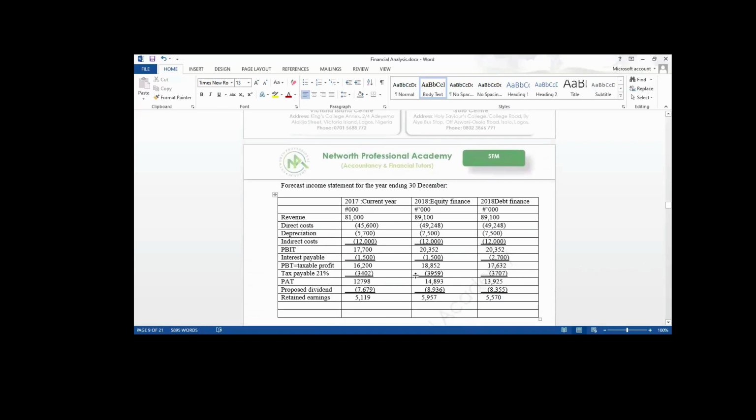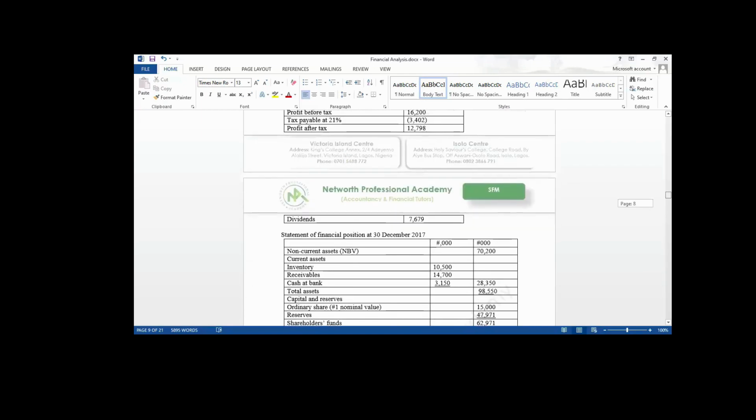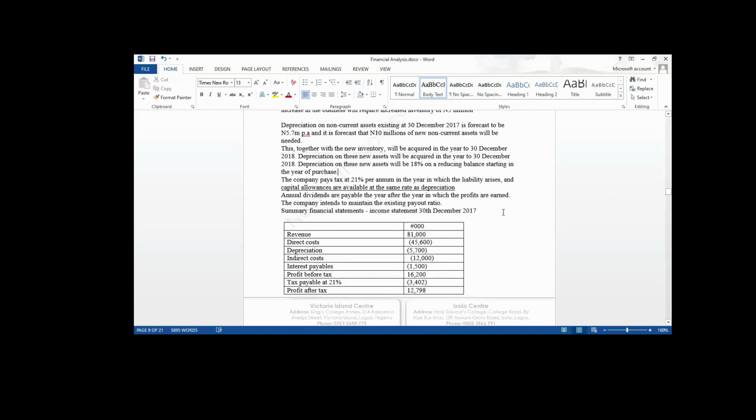Look at the interest. Interest payable in 2017 was 1,500. You can check. You have the income statement. Look at it. Interest payable in 2017, 1,500.